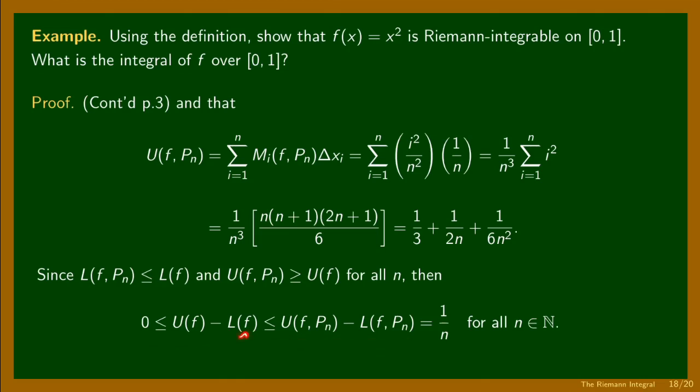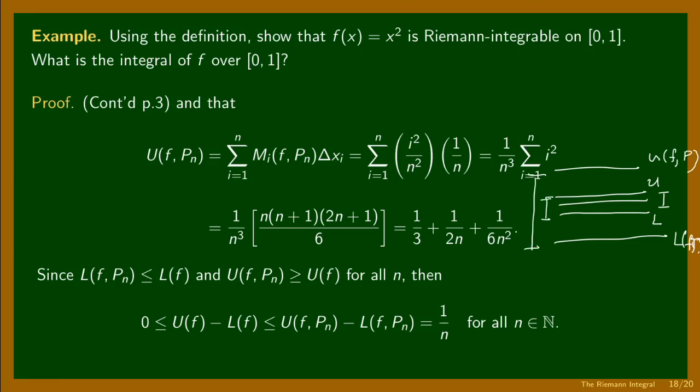Ang U minus L, yung difference na ito, of course greater than or equal to 0 because U is always bigger than L, will not exceed the difference between, you can imagine it like this, parang ito yung gitna, ito yung integral, ito yung L, ito yung U. So parang yung difference na ito mas malaki kaysa sa difference ng dalawang ito. You can imagine it that way.